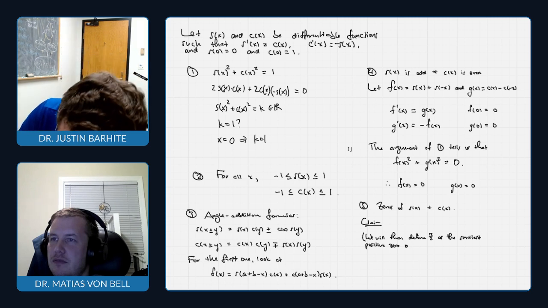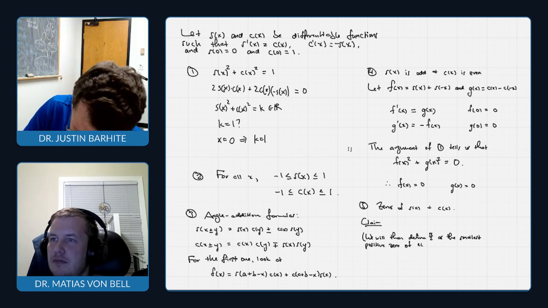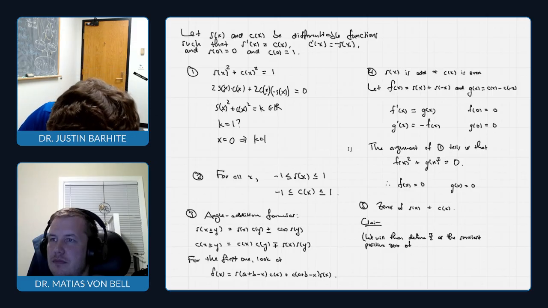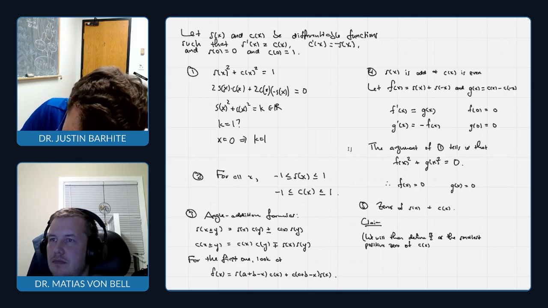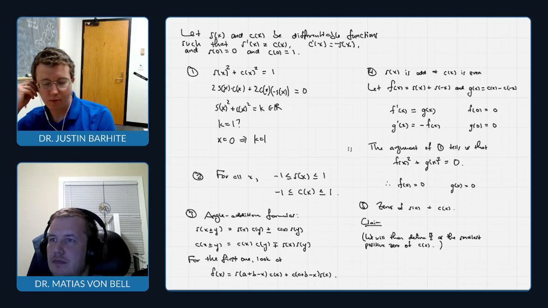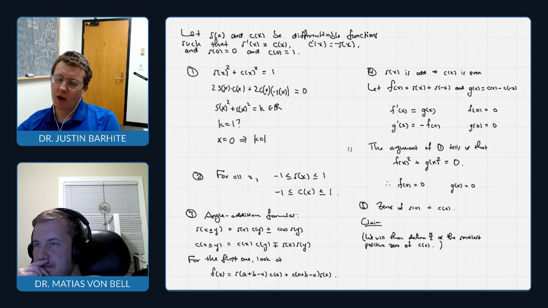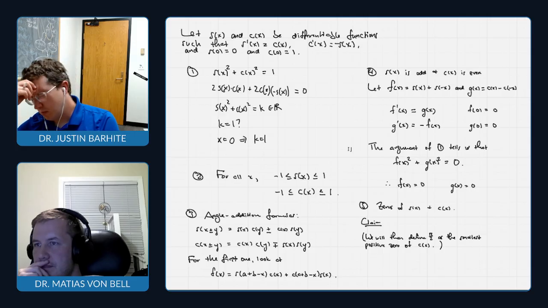And then there's a little bit of analysis. This is the first time, and I think the only time, where we actually have to talk about the completeness of the real numbers. The set of all positive zeros of c of x is of course bounded below by zero, so it has an infimum, and the infimum is also a zero by continuity.